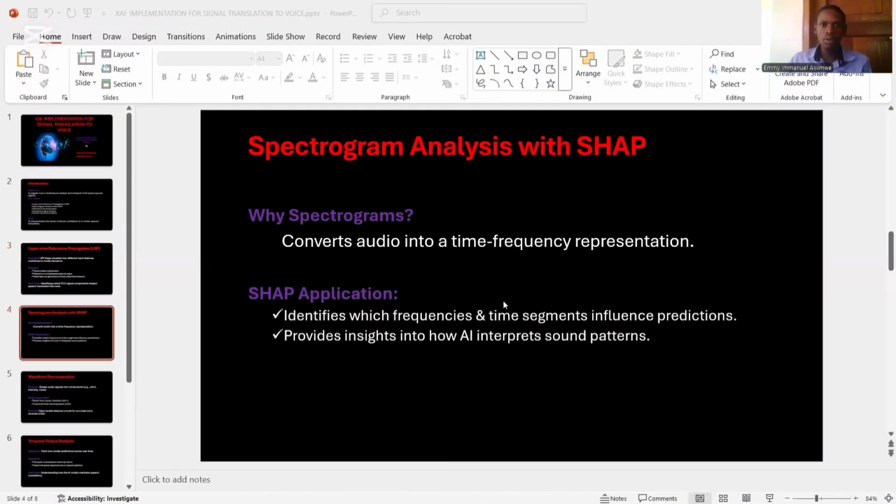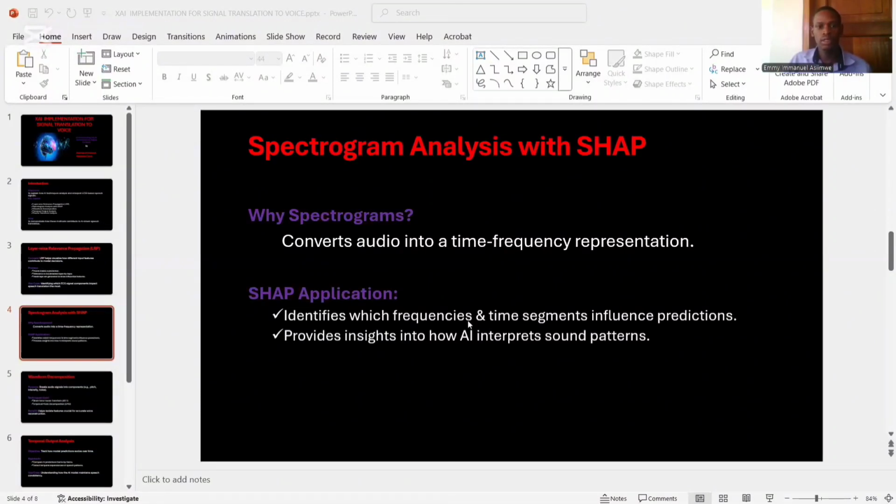Then we have the spectrogram analysis. Why spectrograms? The spectrograms convert audio into a time-frequency representation. So we were able to view different aspects of the audio clips and understand which components are crucial in the implementation of this signal translation device.